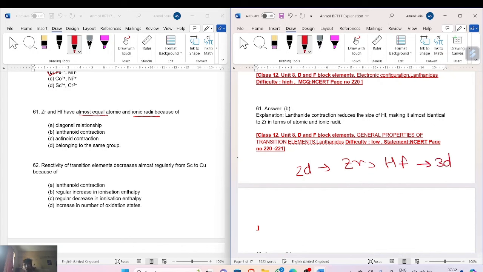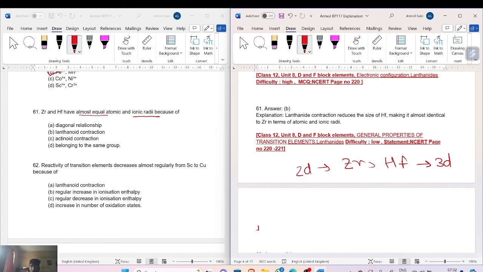And we know that from the 4d to 5d series there is lanthanoid contraction. What is lanthanoid contraction? In lanthanoid contraction, there is a gradual decrease in atomic and ionic radii. And why has this happened? This has happened due to the increase in atomic number, and it is due to the poor shielding of 4f electrons.